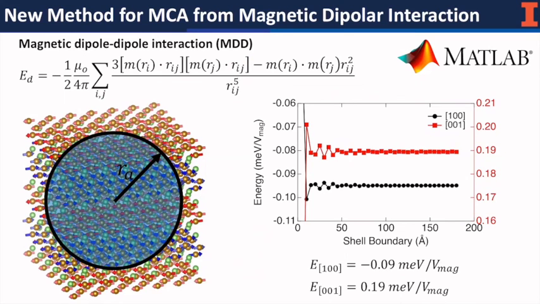So when we have a very long distance, this interaction decays. When I create a large enough cell and set a cutoff distance and see the energy change of the magnetic dipole-dipole interactions, we can find convergence with the cell size, and we can choose an appropriate cutoff radius to get the right value of the magnetic dipole-dipole interaction.